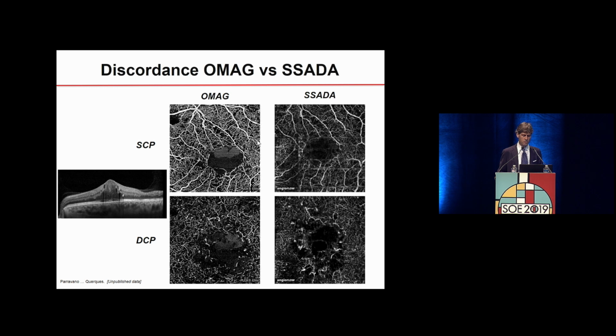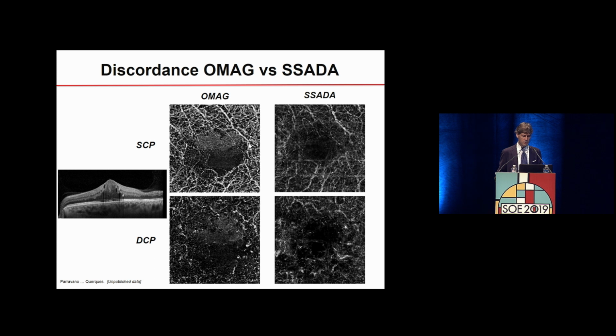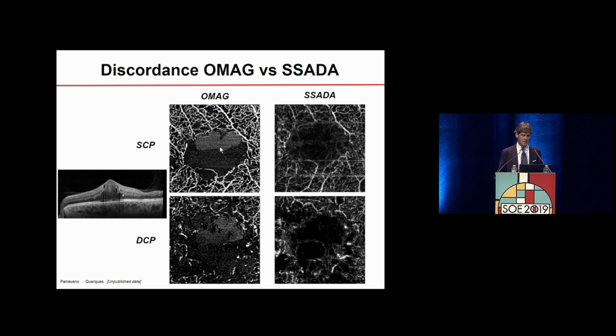But it's even more striking when you look at this image, in which you can see that these cysts that are somehow hyper-reflective, characterized by SPIM, when we look at the same analysis with a different device, well, we cannot detect this SPIM. And this, again, is for both the superficial and the deep capillary plexus. So we can still see cysts as SPIM with this device, but we cannot see the SPIM with another device.